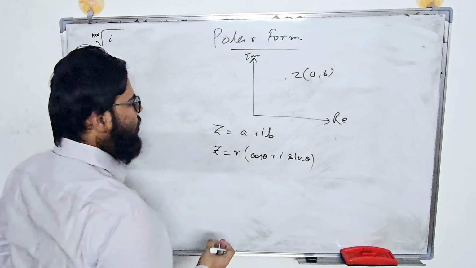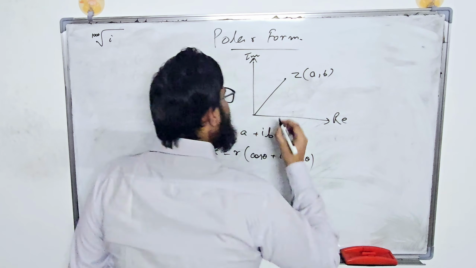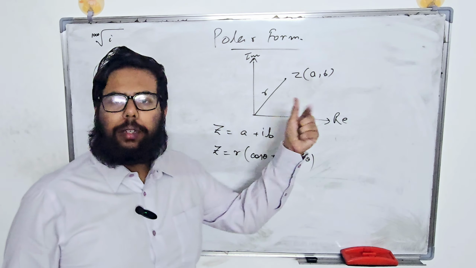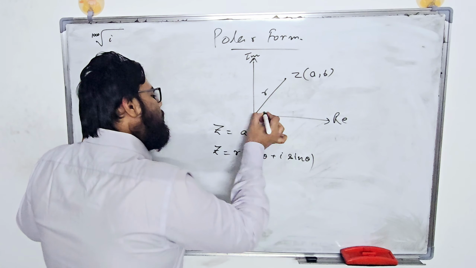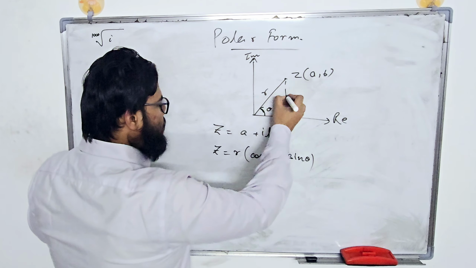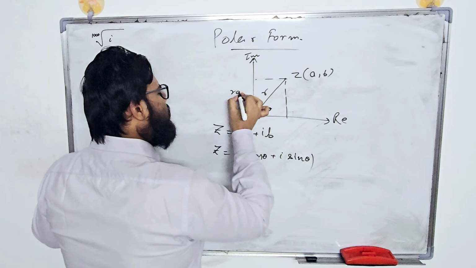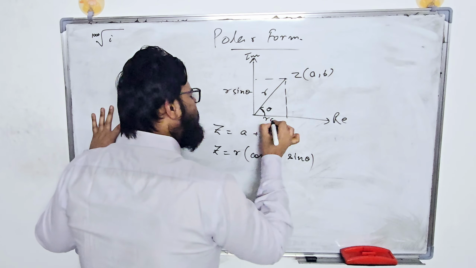But how do we get this? Very simple. This is r. r is equal to the square root of a square plus b square, from the distance formula. And the angle here is theta. So clearly, if you take the components of r, this will be r sin theta, and this will be r cos theta.